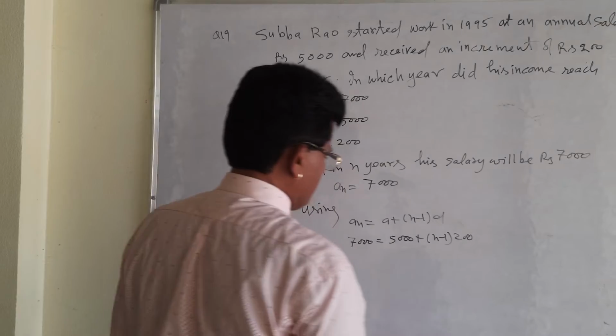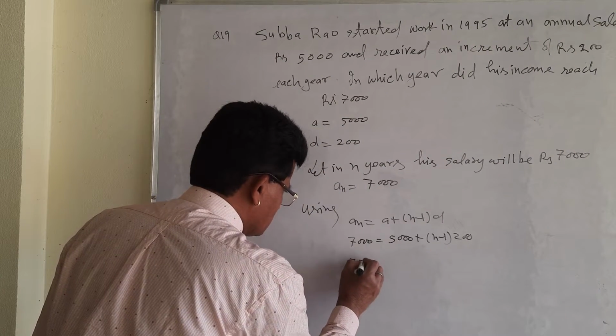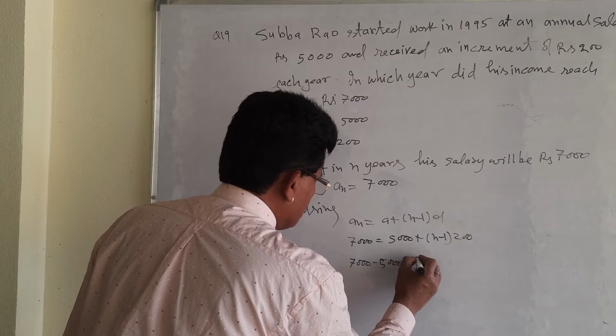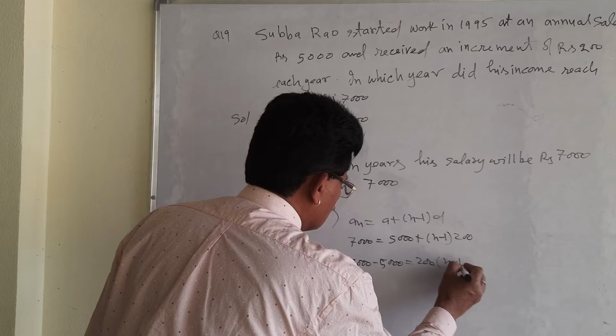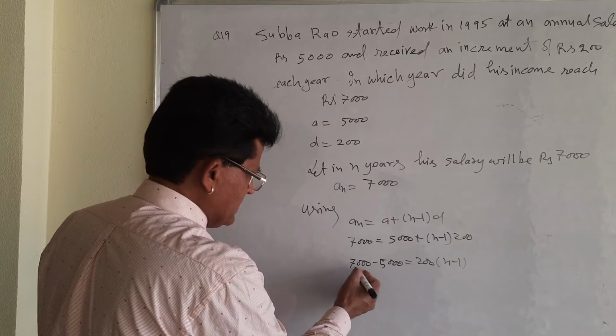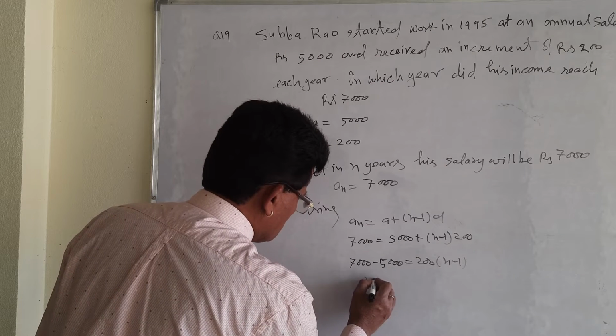Rupees 200. 5,000 you take from right side to left side. 7,000 minus 5,000, it will be 200 into n minus 1, so that it will be easy for calculation. You see how much is left? 7,000 minus 5,000, 2,000.